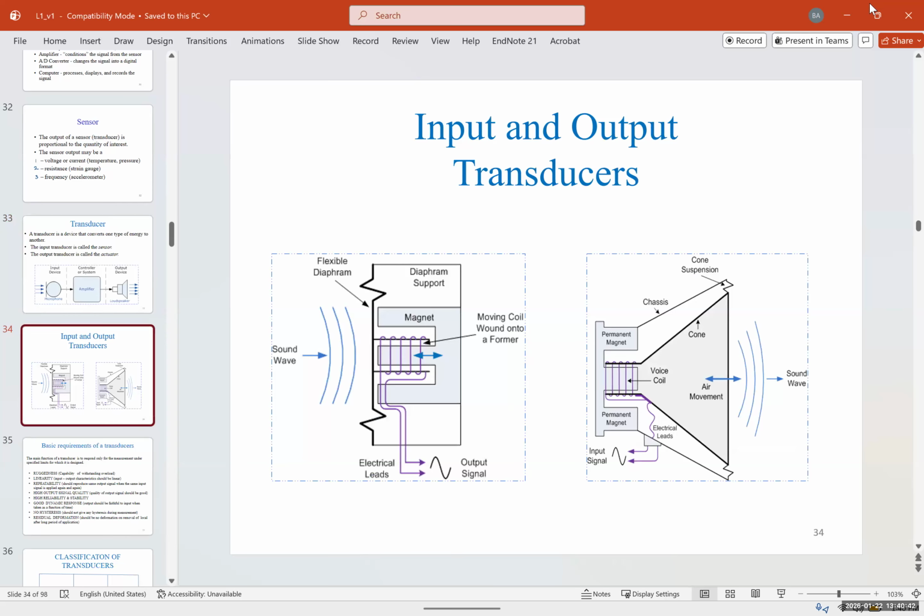Now, this is an example of an input and output transducer. On the right, you see a speaker, and on the left, you see a microphone. So a microphone and speaker basically use the same principles. Interestingly, if you don't have a microphone, you can use a speaker as a microphone as well.